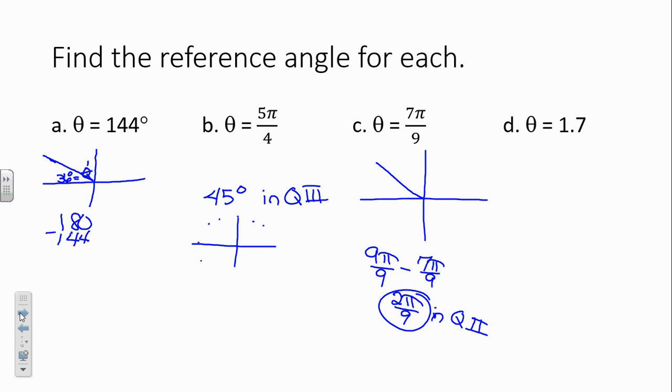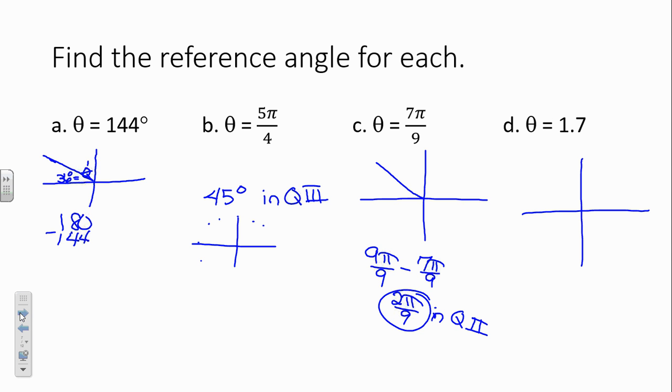The next one listing, 1.7, okay? So no degree sign, right? So we know we're in radians, right? So this is pi radians, right? What's pi as a decimal? 3.14, right? So we're not to 3.14. Are we half of 3.14? 1.57, right?